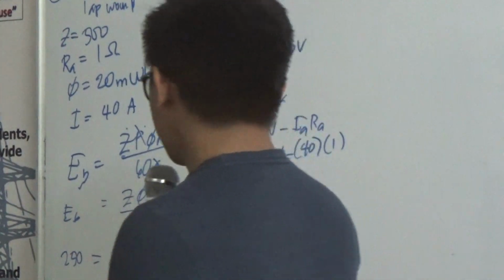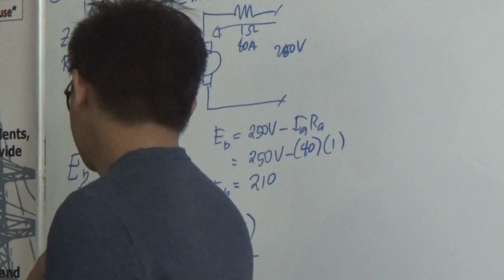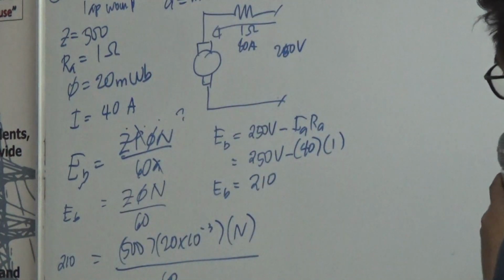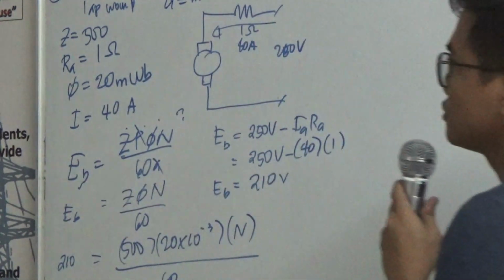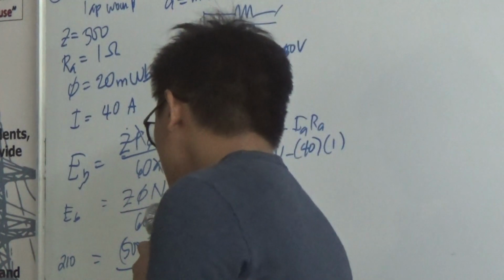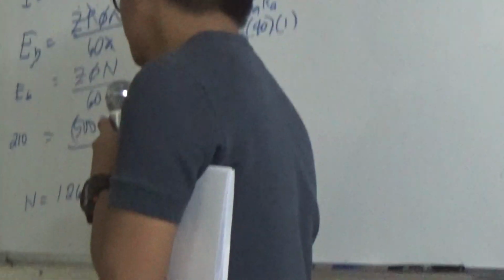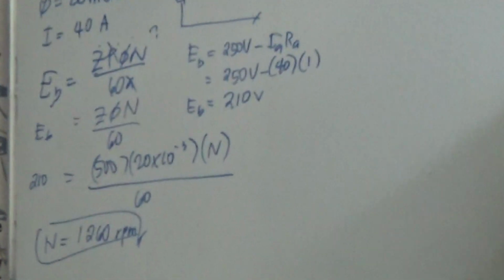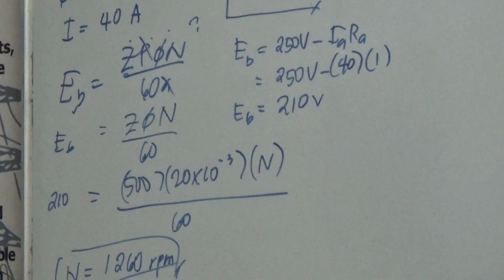So dapat ito 210 over... 1,260 RPM. So, meron tayong choice from C or D.